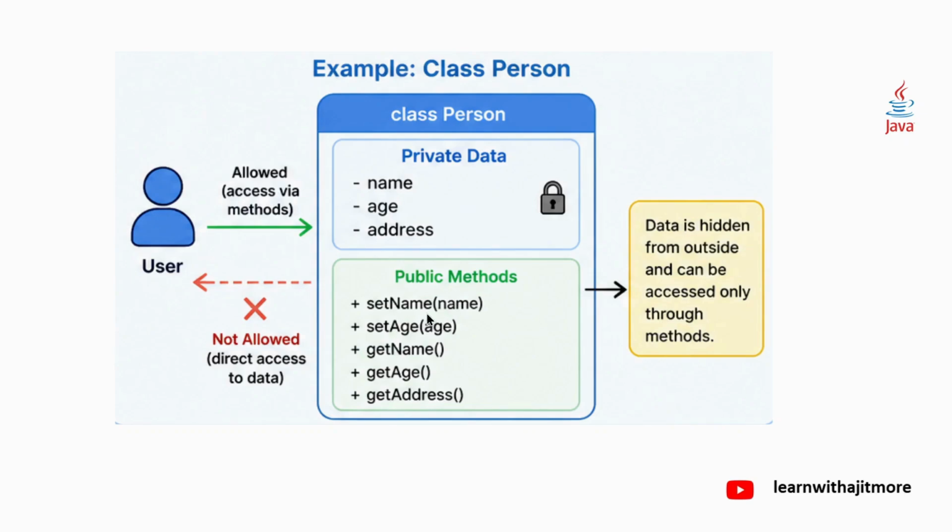From outside, I pass a name, and it will store it in this private name. I ask for the name, and it will give that private name to the outside world. So these are the functions, and this is the data. The data is kept private. Therefore, we can say data is hidden from the outside world and can be accessed only through methods. These methods can access it. The user cannot directly access the data.